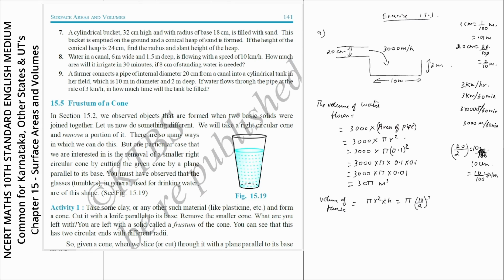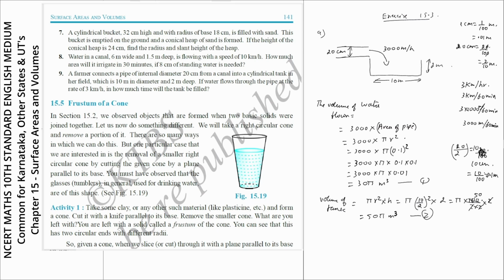So 10 by 2 the whole square into height 2, equal to pi into 100 by 4 into 2. So 2 will get cancelled, 2 fives are 10, so 50 pi. So the volume of the tank is 50 pi meter cube. This I'll mark as 1, this I'll mark as 2.